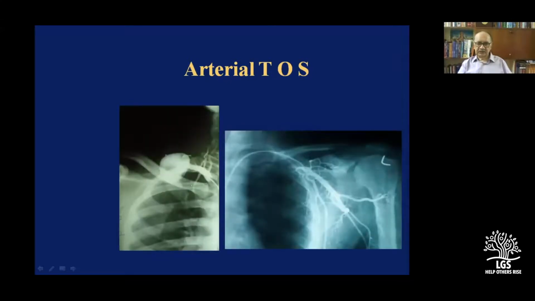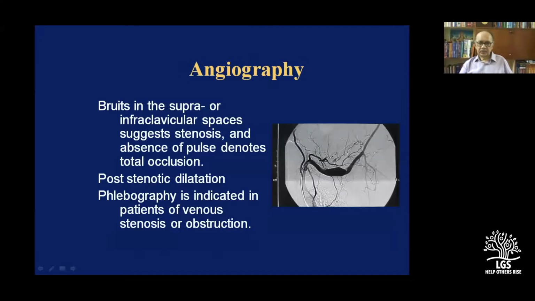With arterial flow, you can find out the cause of an arterial aneurysm, whether it is a pseudoaneurysm or a real aneurysm. The difference is the presence of all three layers. On angiography, you have a dilatation. Venography is indicated in patients with venous obstructions.